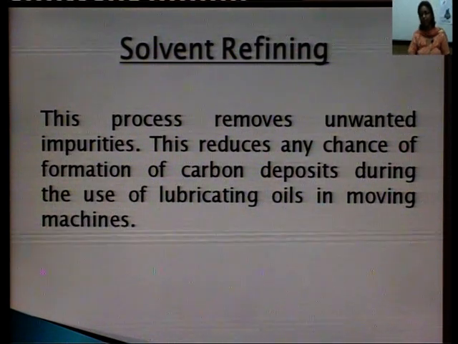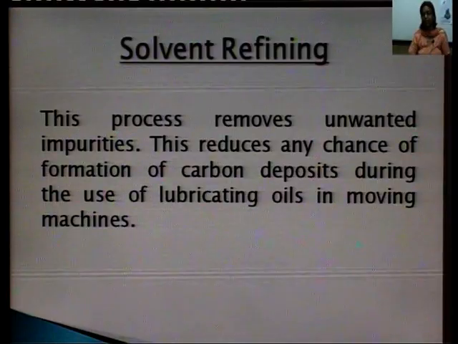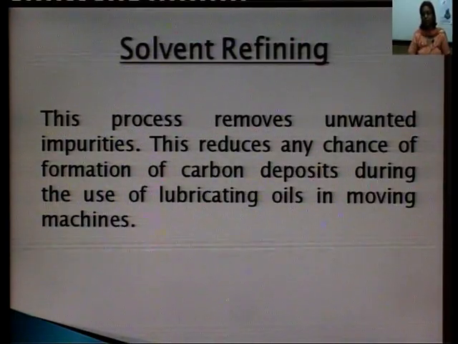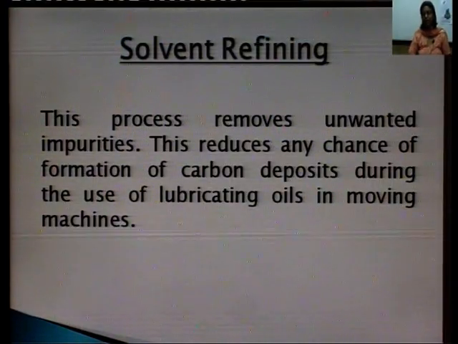It means that when we are using the lubricating oils, if they contain wax or asphalt, which are actually hydrocarbons, so when these oils burn, then they will leave carbon. Now, if we remove these through dewaxing, acid refining and solvent refining, the chance of having carbon deposits in the machine reduces.